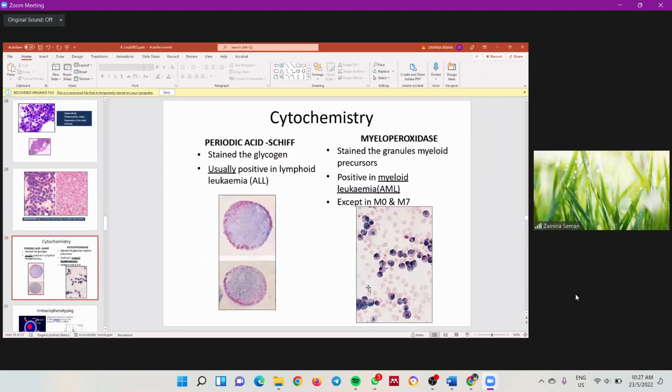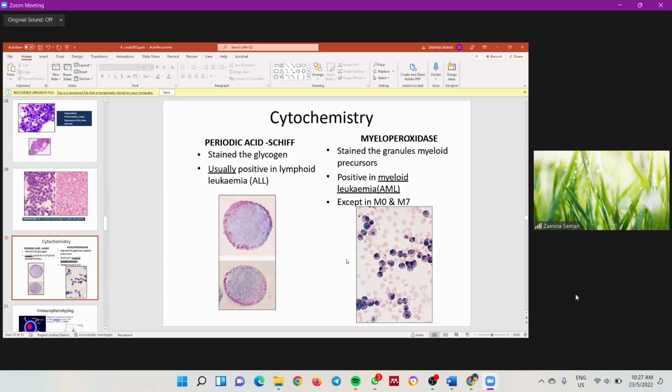And then the next one, you also send for cytochemistry. Cytochemistry is a special staining. It's either periodic acid-Schiff, or in short we call it PAS. This is positive in ALL, whereas cytochemistry for myeloperoxidase is usually positive for AML.